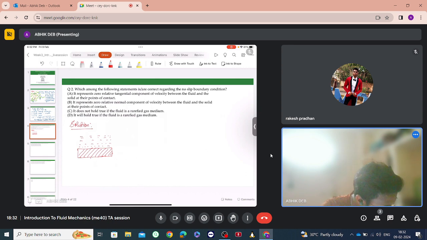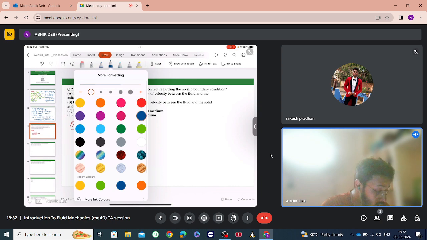Then at every point of contact between the solid and the liquid, say this is the solid and this is the fluid particle here, when the fluid particle is in contact with the solid, there will be no relative tangential velocity between the two.